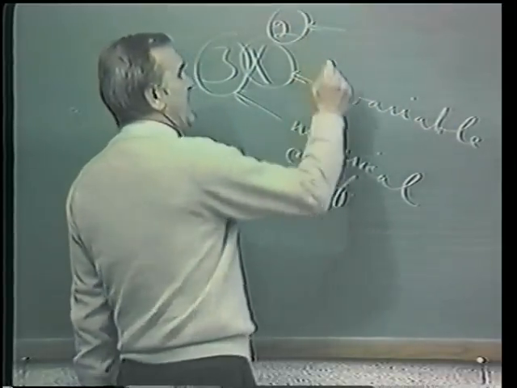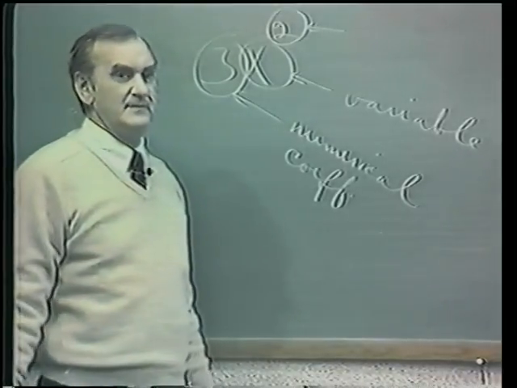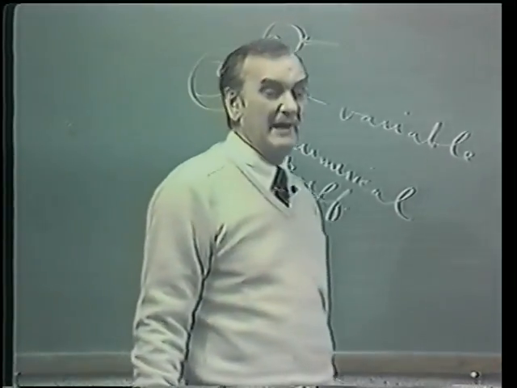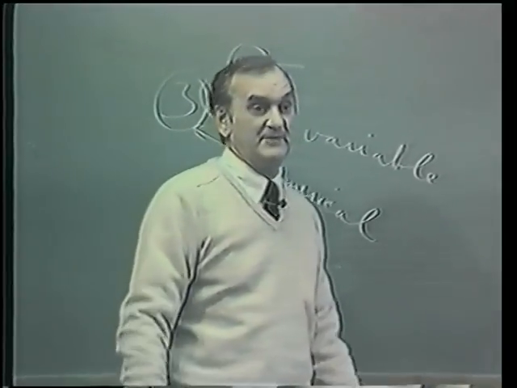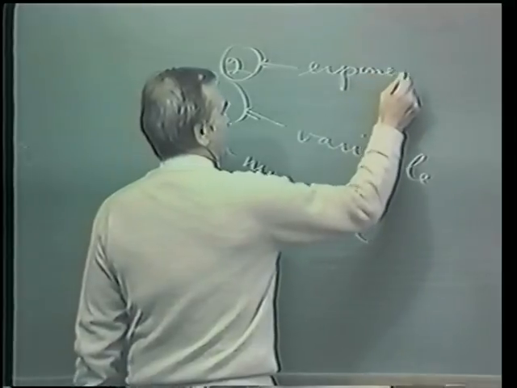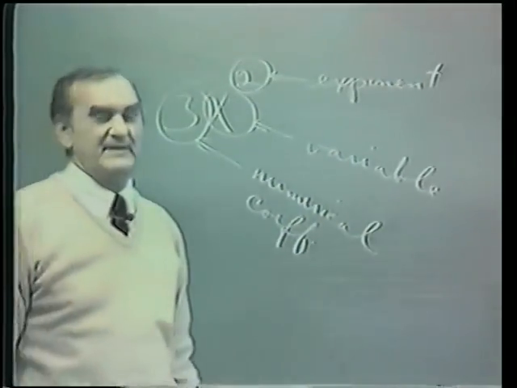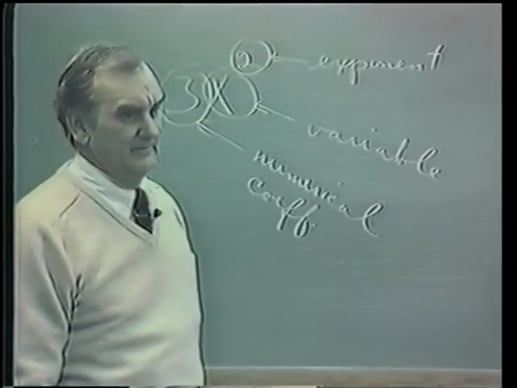And this little 2 hanging above the x, what's that called? Power or exponent. We'll call it the exponent. And these are the parts that make up an algebraic term.